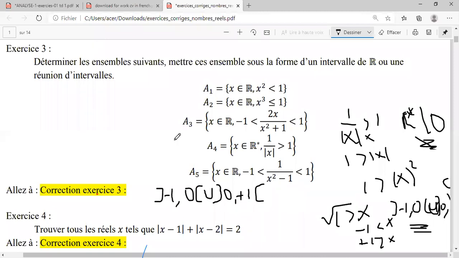Okay, c'est ça. Est-ce que c'est bon? Are you able to see the answer now? Oui. Ok. Ok, ça fait alors.